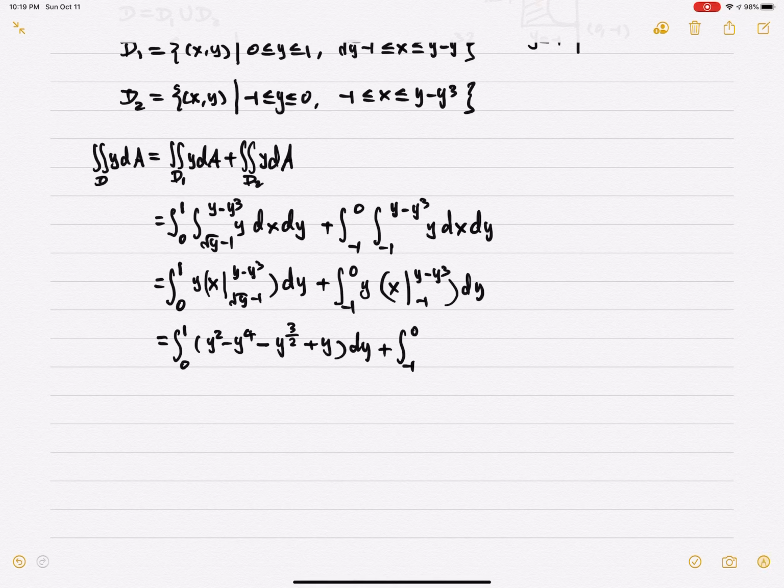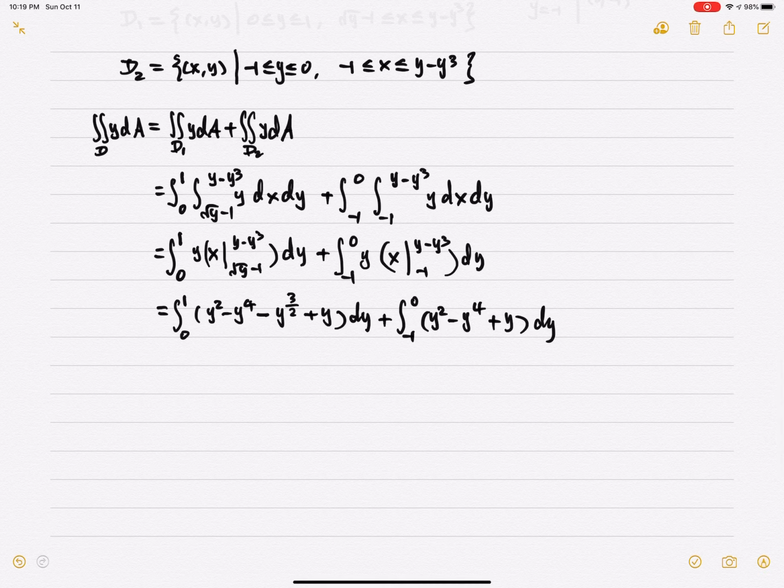And this time we plug in y times y is y squared, y times -y third is y to the fourth, and then minus -1 is a plus 1 times y, dy. So we have that.